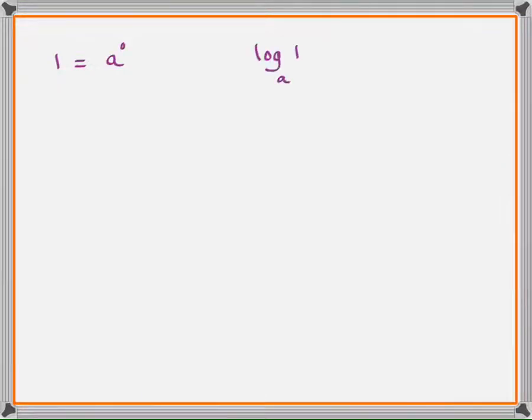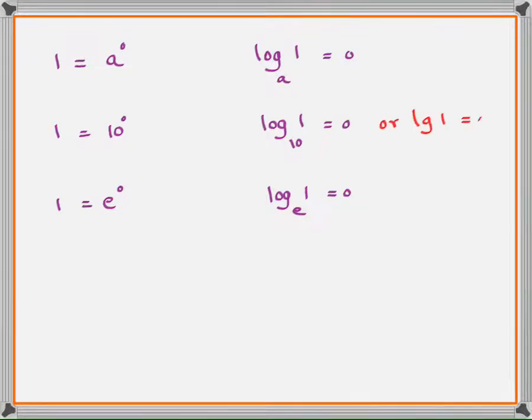Again, revisiting those rules. 1 is a raised to power of 0, log 1 base a equals 0. 1 is also 10 raised to power of 0, therefore log 1 base 10 equals 0. 1 is also e raised to power of 0, log 1 base e equals 0. Now we know that log to the base 10 is known as log or simply lg. So I can write log 1 equals 0, lg 1 equals 0, it means the same thing.